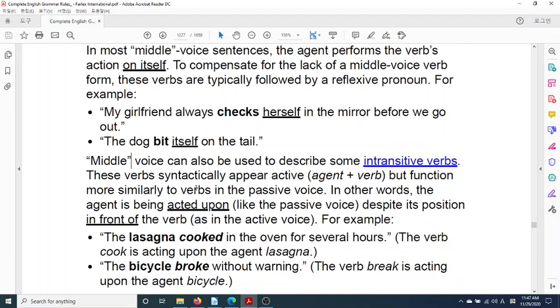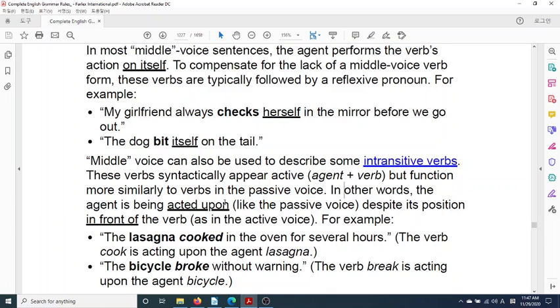The middle voice can also be used to describe some intransitive verbs. These verbs syntactically appear active, so agent plus verb, but function more similarly to verbs in the passive voice.